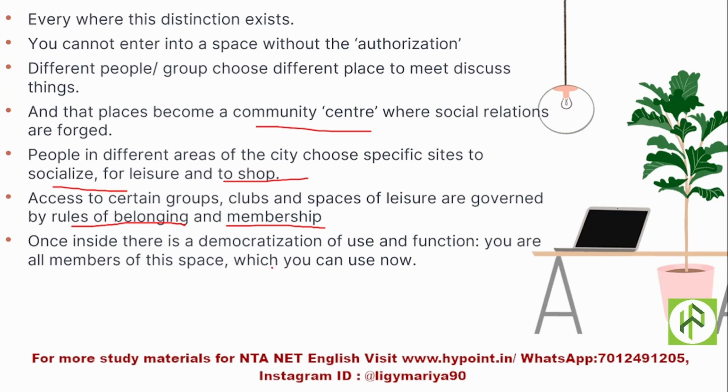Once inside, there is a democratization of use and function. Once you have this authorization, this membership, this belongingness, you can use the space and function in a democratic way. You are all members of this particular space which you can use now.